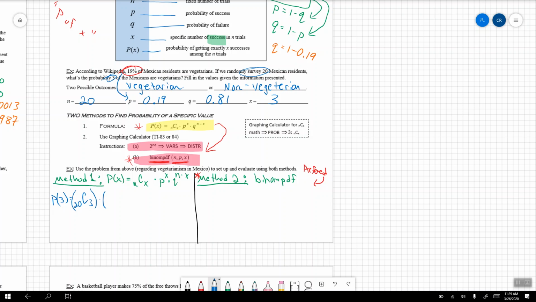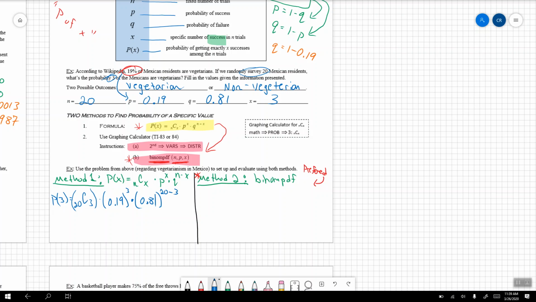Now, p from the problem above was 0.19, and x was 3, multiplied by q. Q was 0.81, that's the probability of failure, raised to the power of n minus x. So n minus x, that's going to be 20 minus 3.